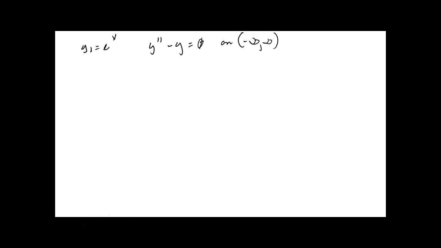We need to come up with a second solution, but first, let's just verify. I think it's really easy to verify. y1 prime is equal to e to the x, and y1 double prime is equal to e to the x. So e to the x minus e to the x certainly is 0 for every value of x from negative infinity to positive infinity.